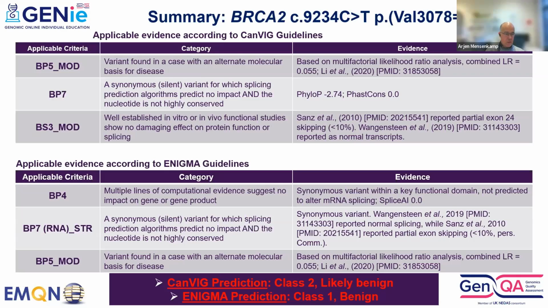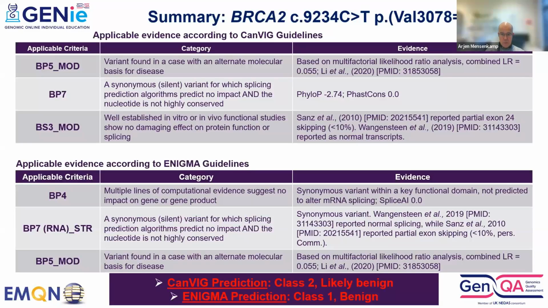For the CanVIG guidelines, you can apply BP7 as it is a synonymous variant, which is not conserved at all, and it does not predictably cause splicing, and BS3 moderate level. BS3 moderate is for a well-established functional study showing no damaging effect. This variant has been reported in 2 studies in literature.